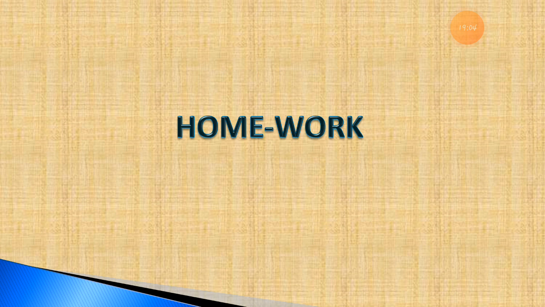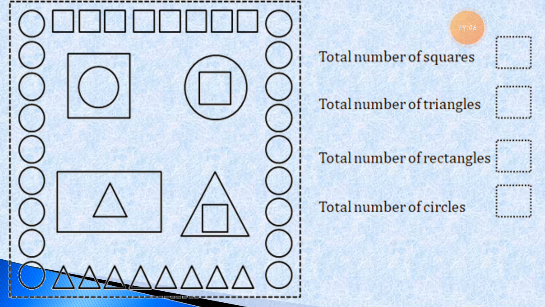Now this is homework for you. You have to write down this worksheet into the fair book. These shapes are very easy. Totally how many shapes are there? You can see square, triangle, rectangle, and circle. These 4 shapes are in the picture.